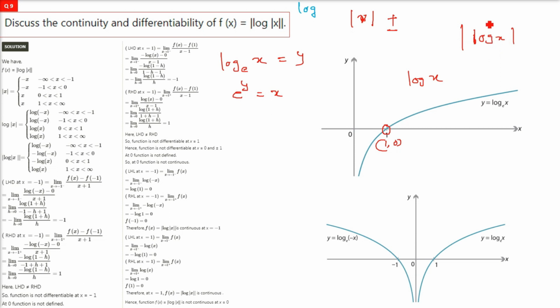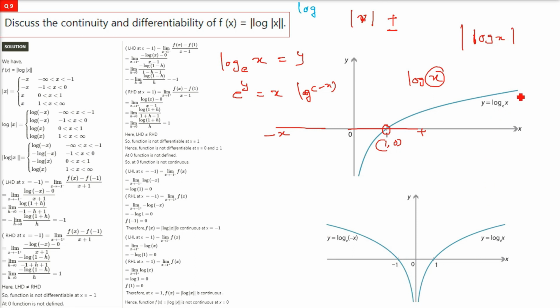Log x you saw the function. And log minus x will be what? The same function, mirror image on the left hand side. That is, log x. This is the negative x-axis. So positive x-axis it is log x, negative x-axis it is log minus x. So the same graph will be drawn but on the opposite side. Okay.